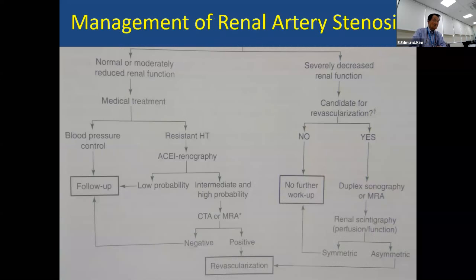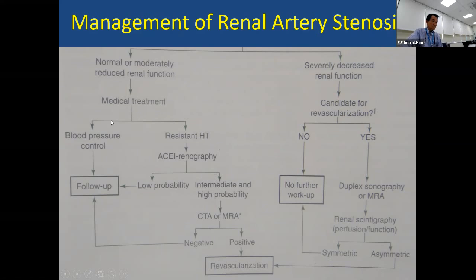And so if there's severely decreased renal function, then you can have MR or duplex ultrasound study, and then a renal scan for perfusion and function, and then make a diagnosis.